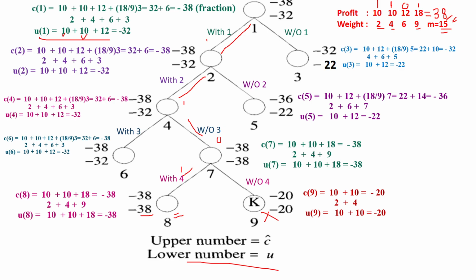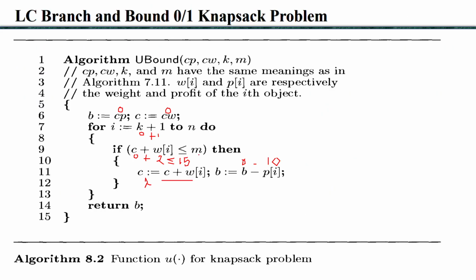If you add it up, you will get 12. 12 is also less than or equal to 15, the condition is true, so you include that item also. When I come to the fourth item, i becomes 4, then it is 9. 9 plus this 12 is 21. 21 is not less than or equal to 15, the condition fails, so you are not considering that one. Then you stop and you check this one as the profit here. If you add up, you will get the value. The same procedure is explained here.